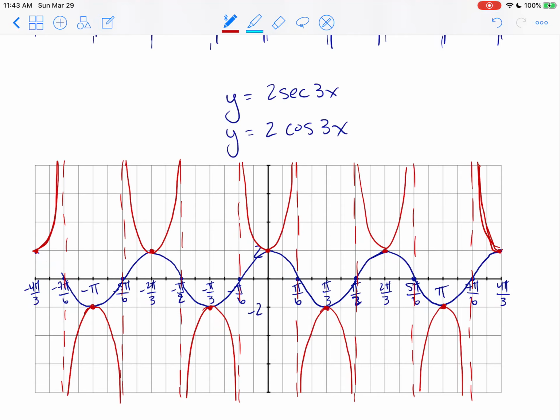And then I'm going to go in here and I'm going to try to be a little bit better at erasing than I did before. But I have to tap the eraser every time. It automatically goes back to the pen. Alright, so I'm erasing the blue part because that is not actually the graph that I was here to graph. And so when I erase the blue part, I am left with my secant graph here.